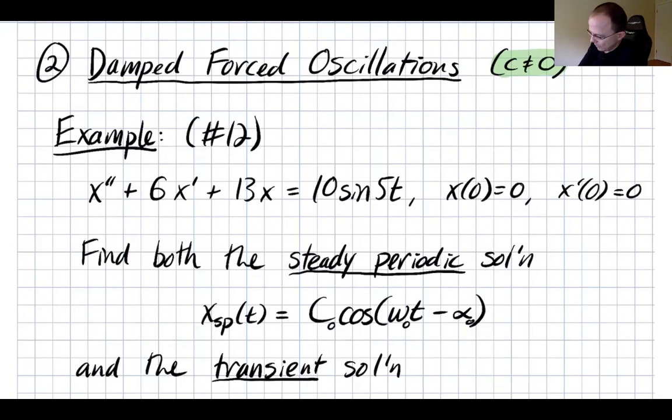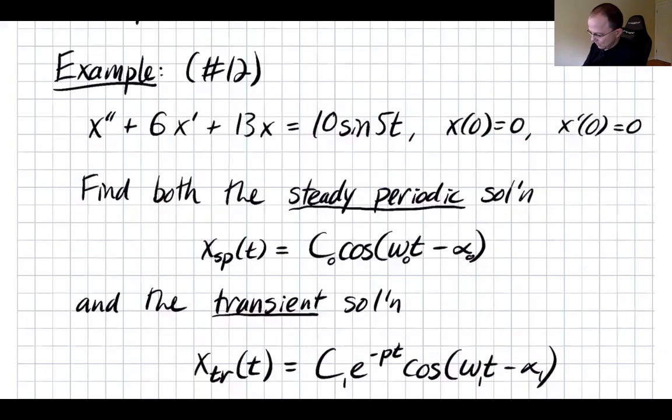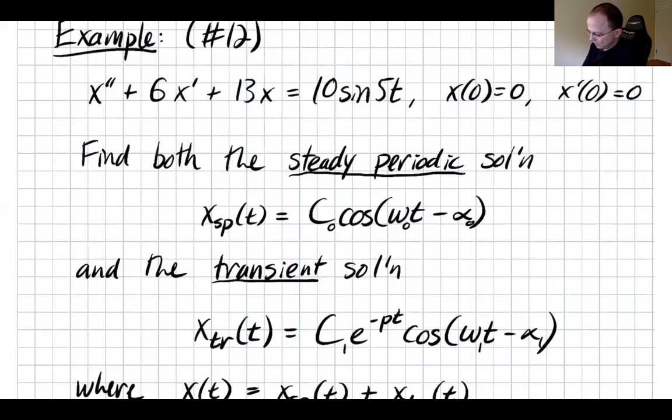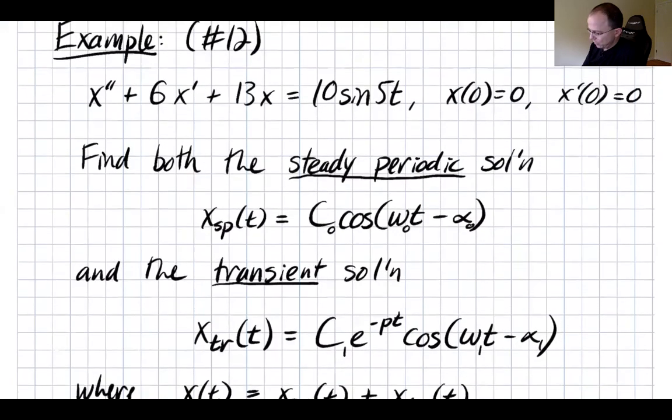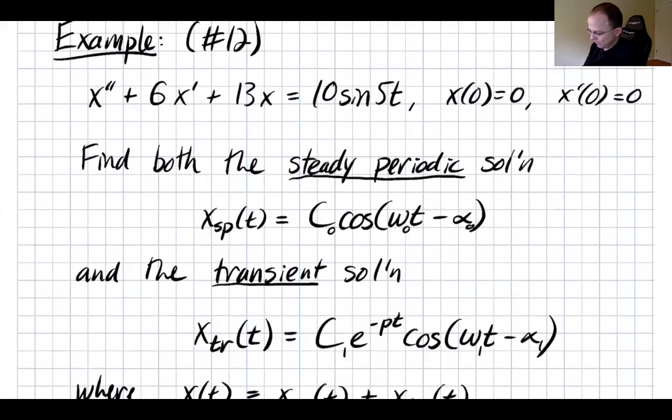We'll do this example here where now we have a damping coefficient, and here is the external force, and we're going to start it at rest. So we want to find two parts of this solution.